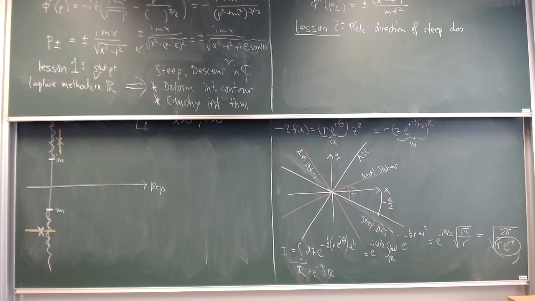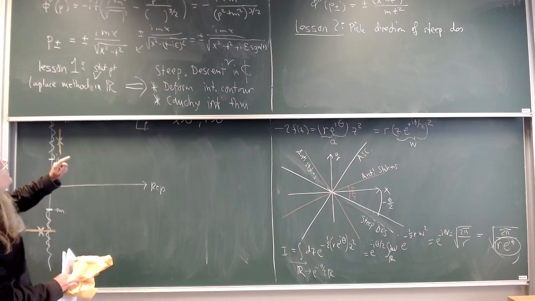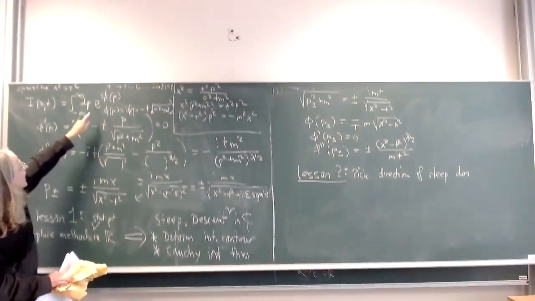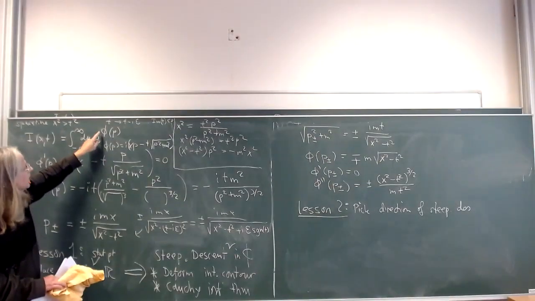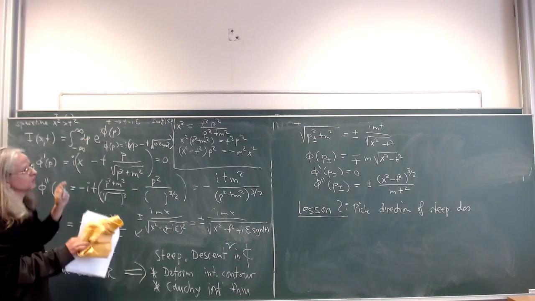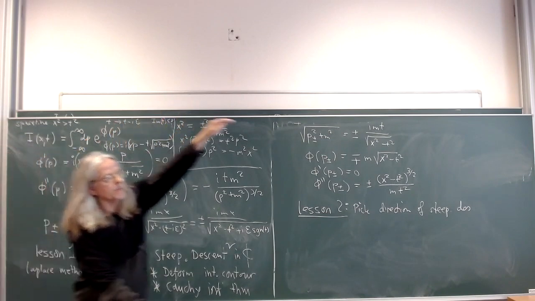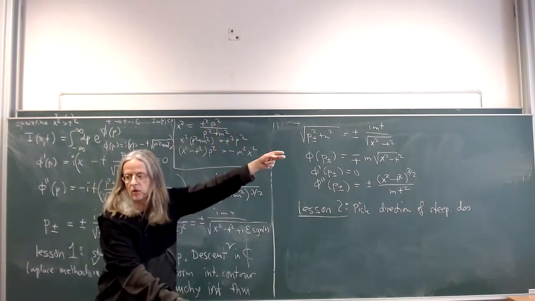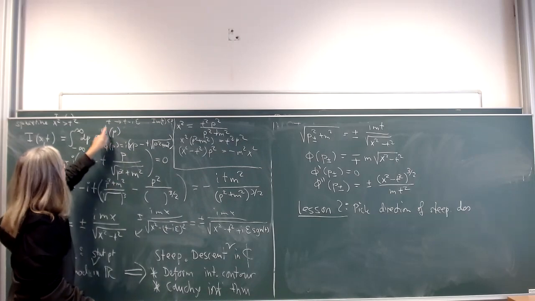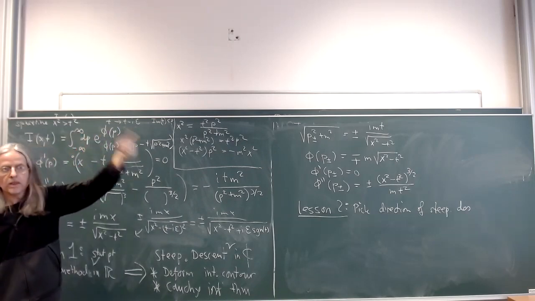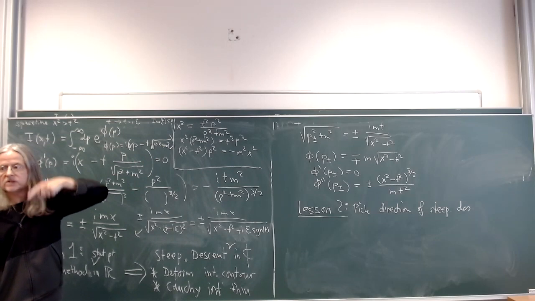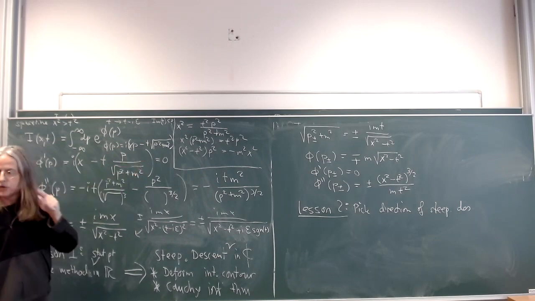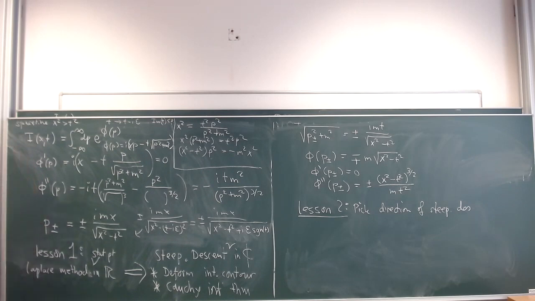So the point is basically that usually, so here is phi here. We would like phi to be like a parabola in the negative direction, right, over there. So we would like the second derivative to be negative. If we do that, then everything is normal in the real axis.